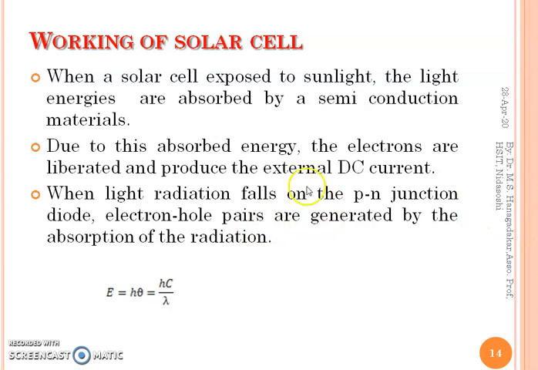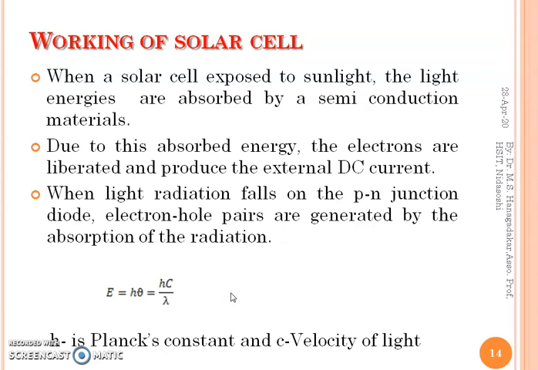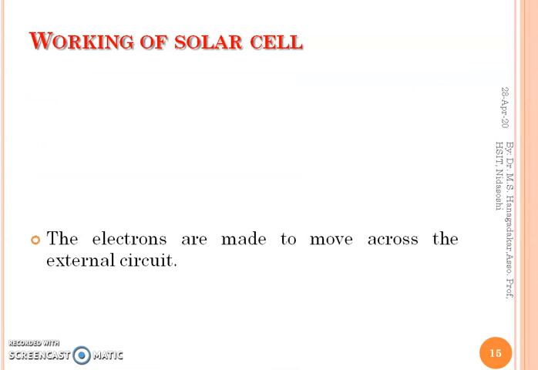The energy of the photon is given by the equation E = hν, where ν is c by λ, h is Planck's constant, c is the velocity of light and λ is the wavelength of the light striking the photovoltaic cell.